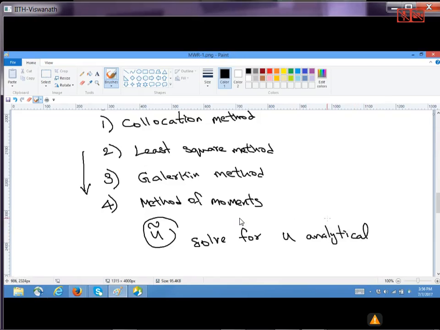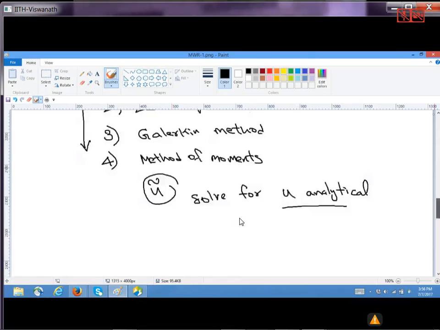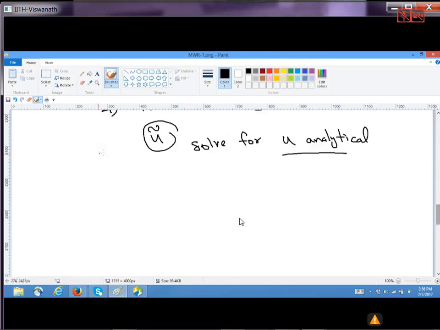Because this is an easier problem. But not always can you find an analytical solution. I guess we can find an analytical solution for this, and then we'll make approximations through these four methods, and then we'll see how the approximate methods match with the analytical method. So for that, let us solve this problem analytically.